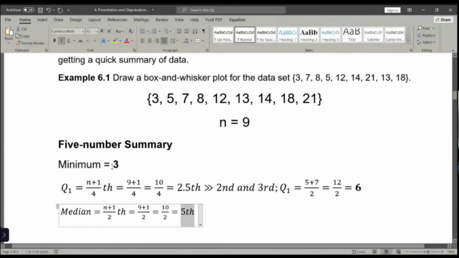So exactly 5. The median is found at the fifth item. So therefore, the median is equivalent to, what is the fifth item? 12. This would be your median.